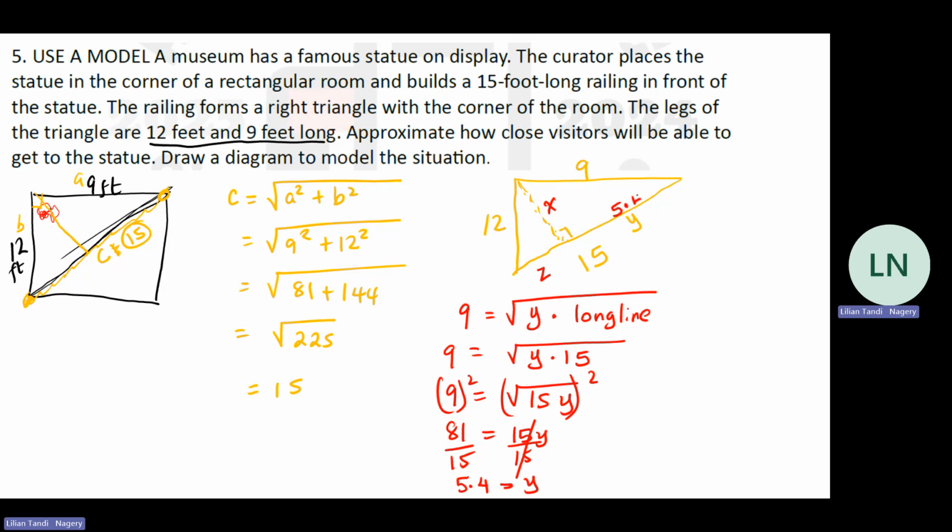Y is 5.4. Okay. Now, how far? So that means I want to find x. So I can use Pythagoras theorem to find x. So x equals, so I will do Pythagoras theorem.